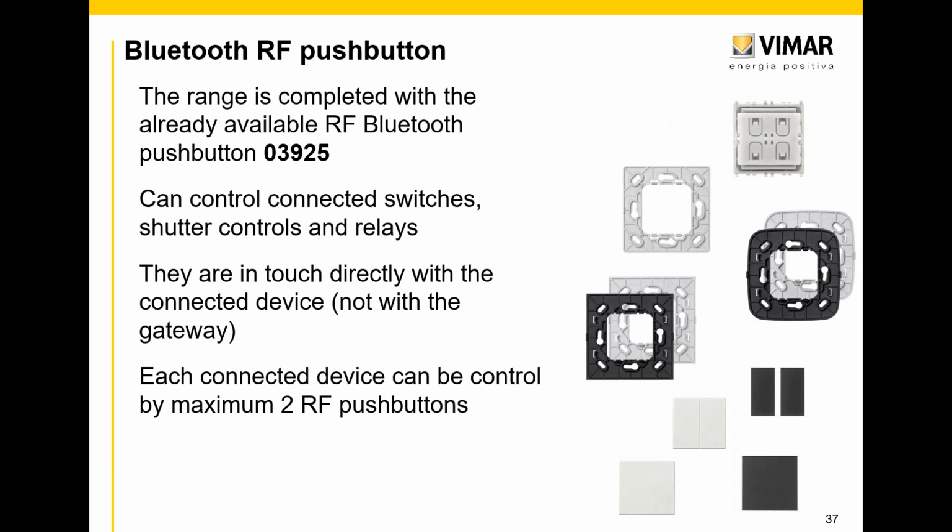Then, to complete the range, we have the radio Bluetooth wireless button. This is a batteryless device, and it uses the electrodynamic generation procedure. So when I press the button, at the same time a small device inside generates the amount of energy necessary for the transmission.